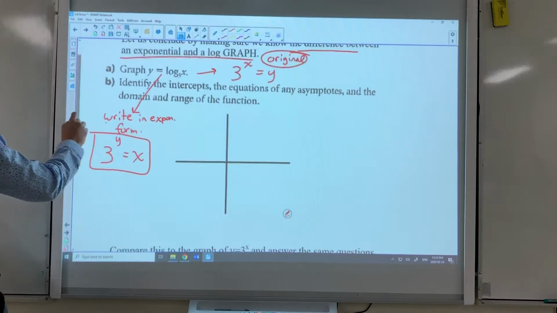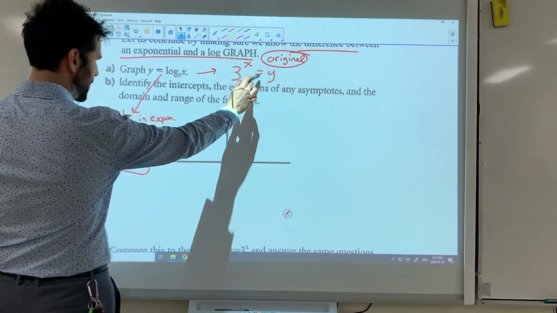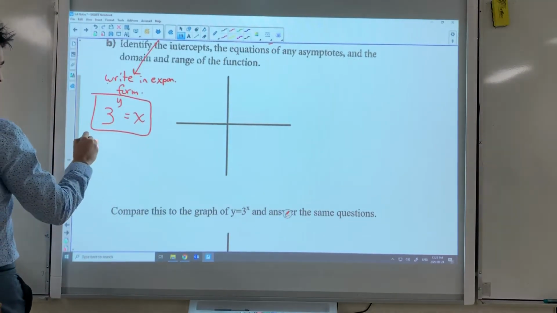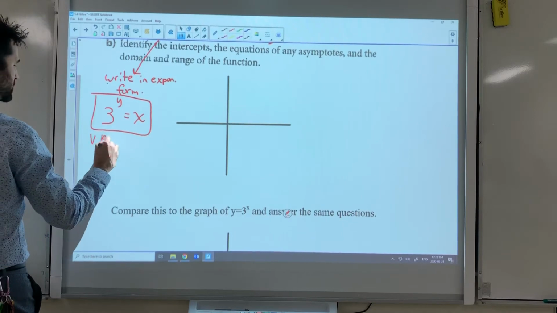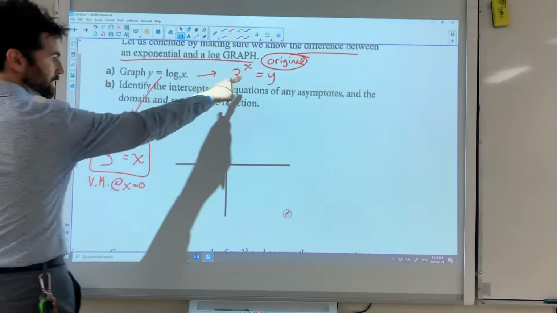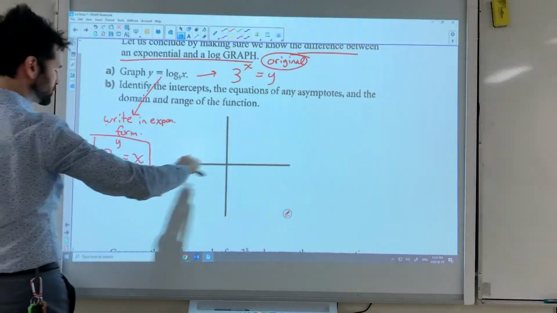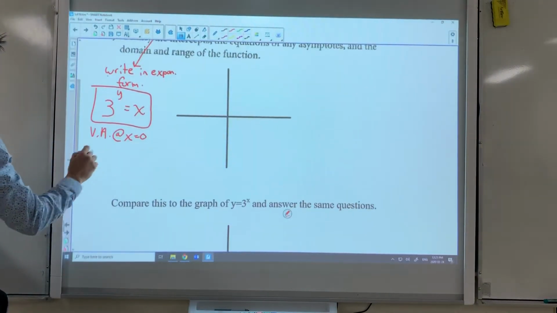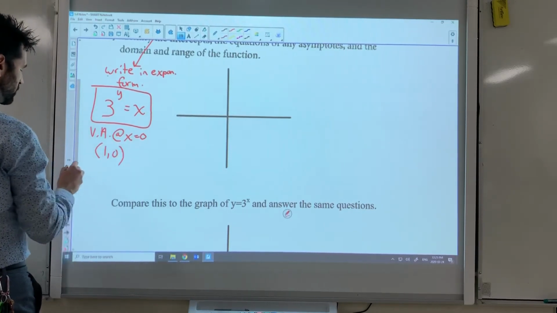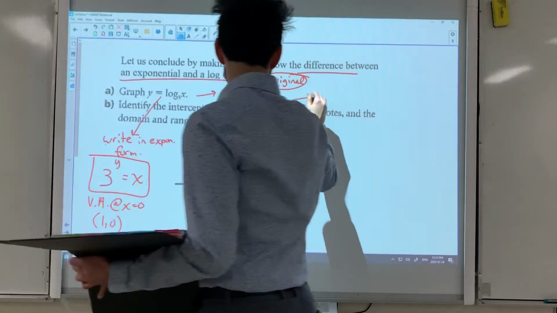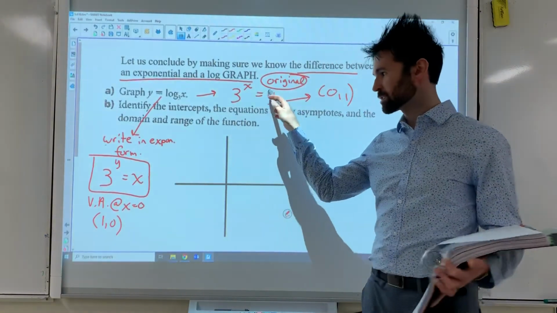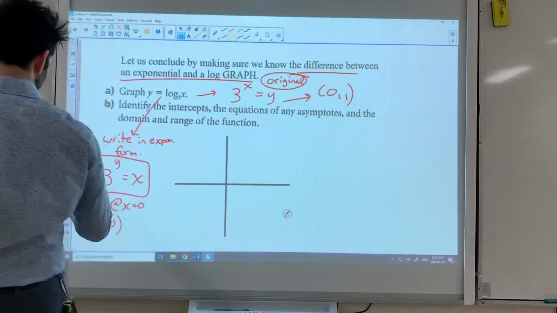Either you remember that it's this graph and you're doing the inverse, or you say, we have a vertical asymptote at x equals 0. Why? Because it's the inverse of this one, which has a horizontal asymptote at y equals 0. What else? Log graphs usually go through the point 1, 0. Why? Because these graphs go through the point 0, 1. So you really need to know your exponential functions in order to draw the log ones.